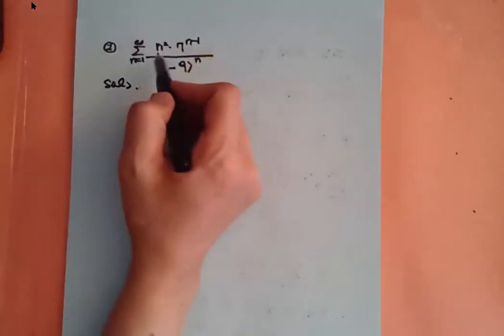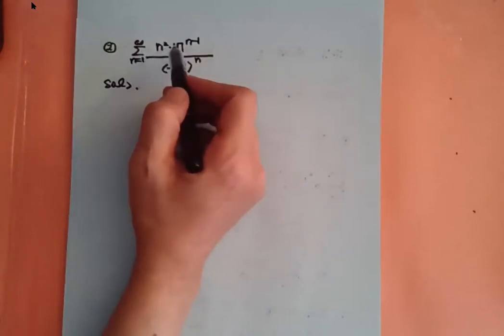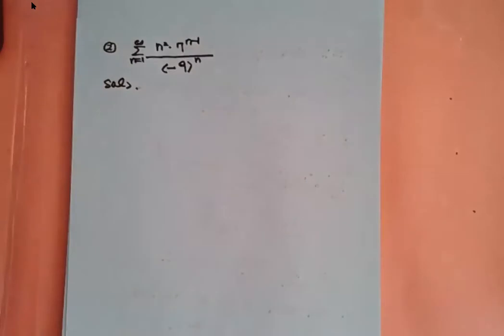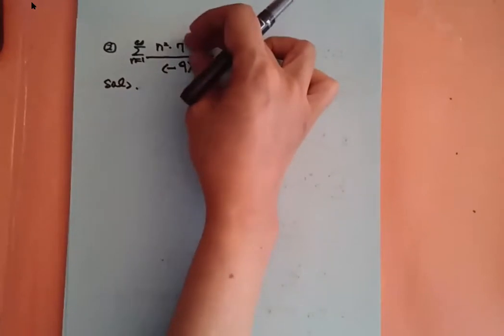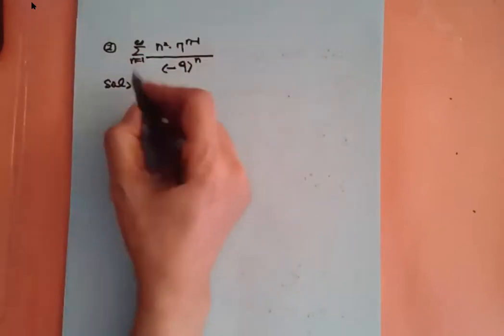But unfortunately, we have n squared. So the other test you can consider is the ratio test. If you think about the ratio between the consecutive terms, then this part will become just a number. So let's do that.